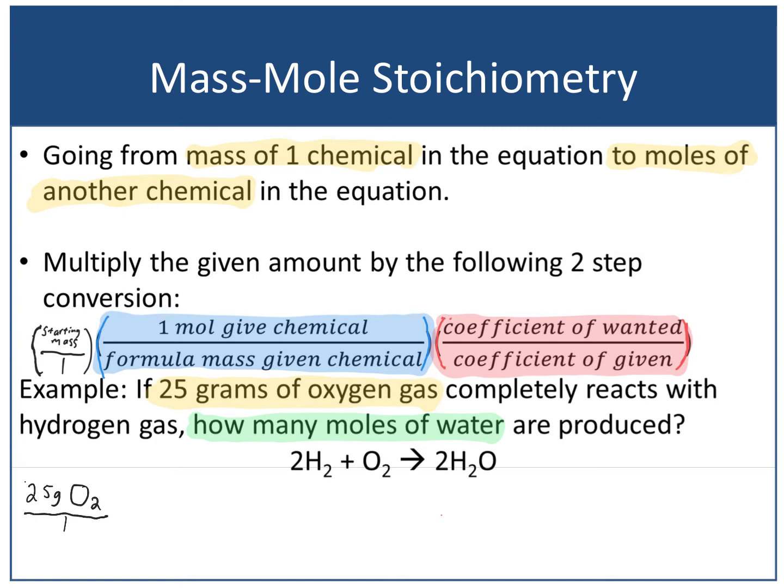Put that over 1. My first step is to get those grams into moles. 1 mole of oxygen gas is equal to the formula mass of O2 in grams.